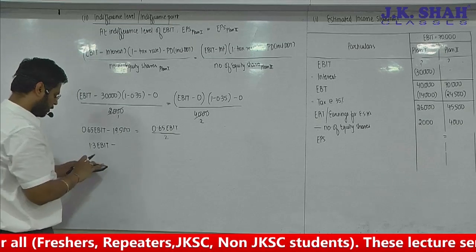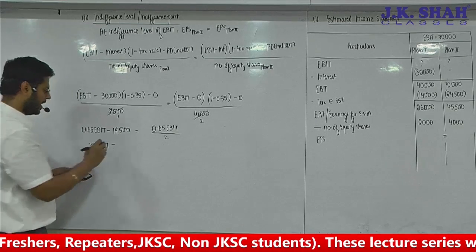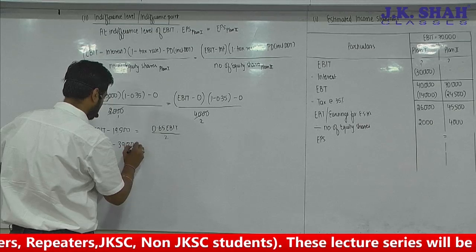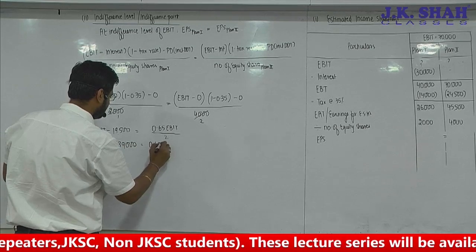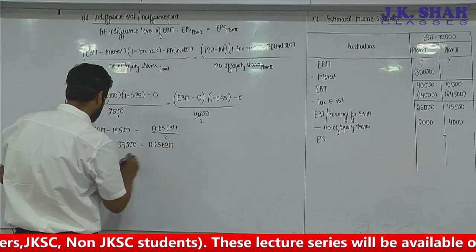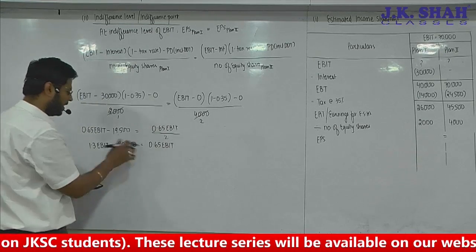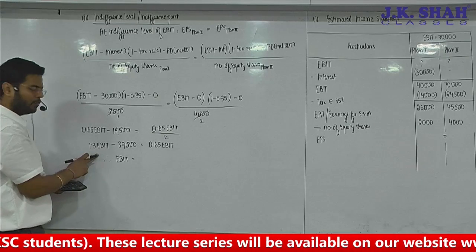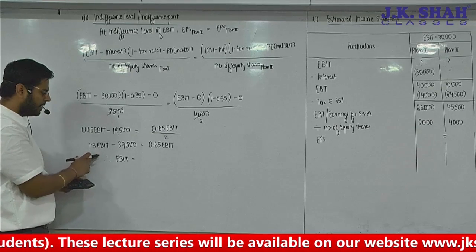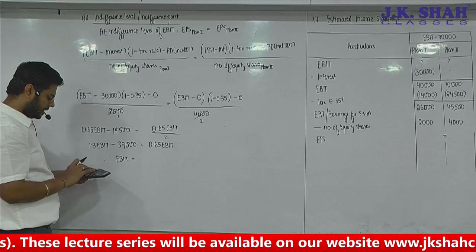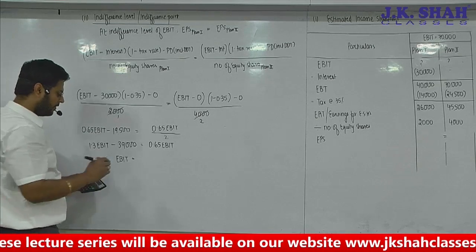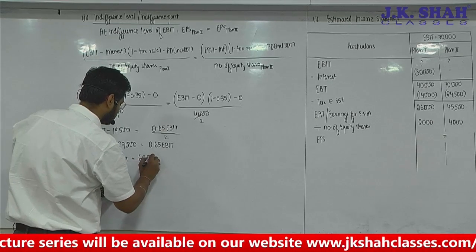You multiply it with 2, that's going to give you 39,000, and that's going to give you 0.65 EBIT. And when you calculate the EBIT level, this 0.65 will get subtracted. What you're left with is again 0.65. 39,000 divided by 0.65. We now get EBIT of 60,000 rupees.